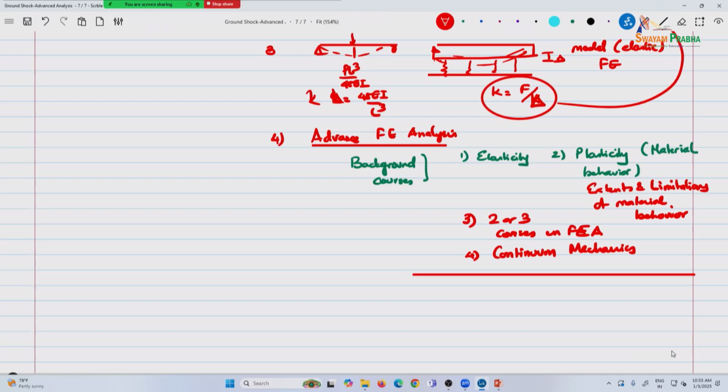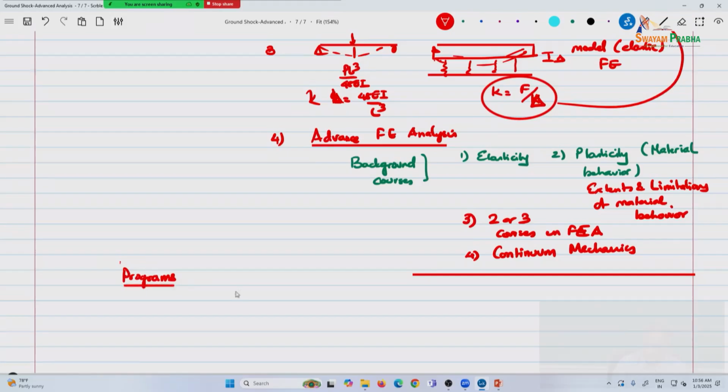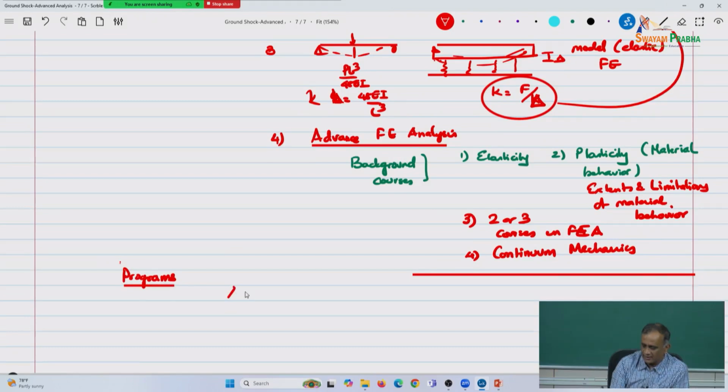Yesterday, modeling the behavior of that hole in that plate. All these background courses are important. Once you get into that, you understand that you have programs available for you. You have the one that you're going to use this afternoon, Abaqus.